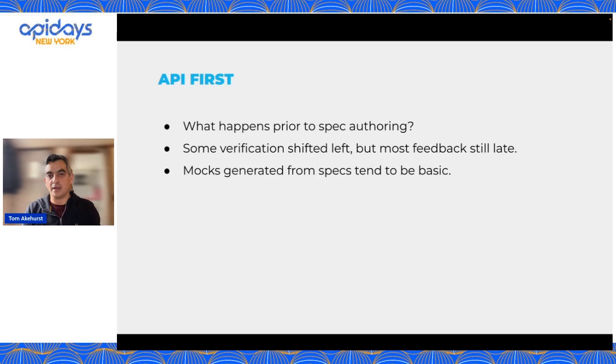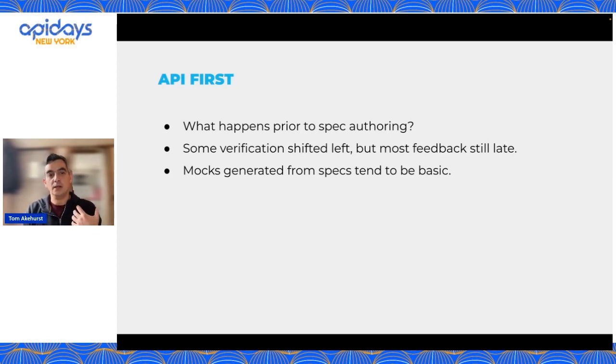As I mentioned, some verification has shifted left, but arguably there's still quite a lot that happens only after the first version of the API has been shipped to the test environment. So you still have this issue of late feedback when implementation decisions have been committed to.